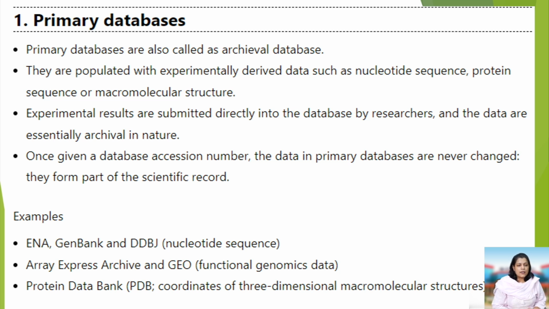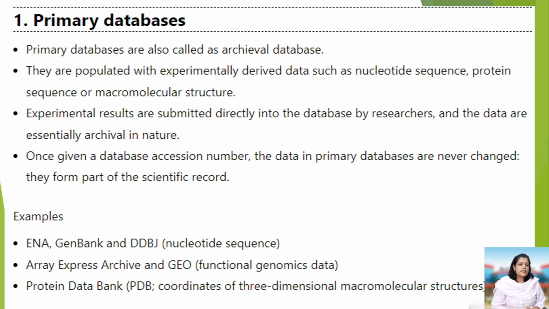As I already defined, primary databases are also called archival databases. They are populated with experimentally derived data such as nucleotide sequences, protein sequences and macromolecular structures. Experimental results come from wet labs directly into the database by researchers and scientists.